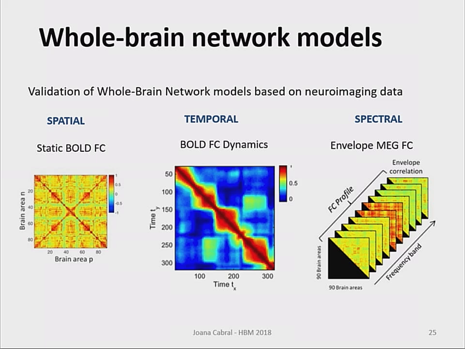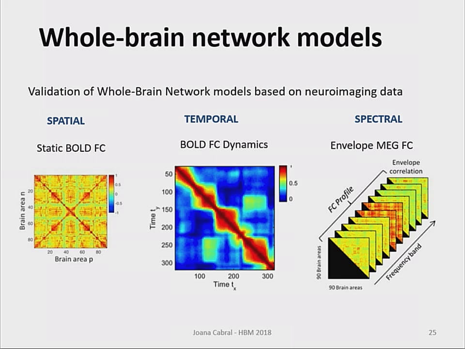But there are many models, and many models are indeed showing a capacity to fit this static BOLD functional connectivity matrix. But we found it's important not only to fit those correlation patterns, but also to see how much these correlation patterns evolve over time.